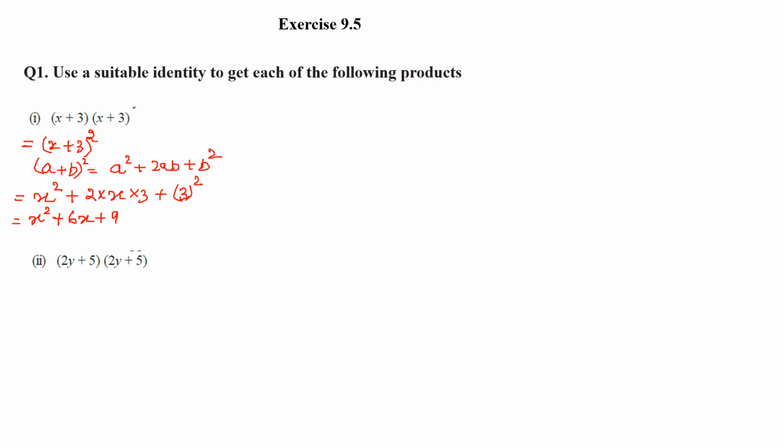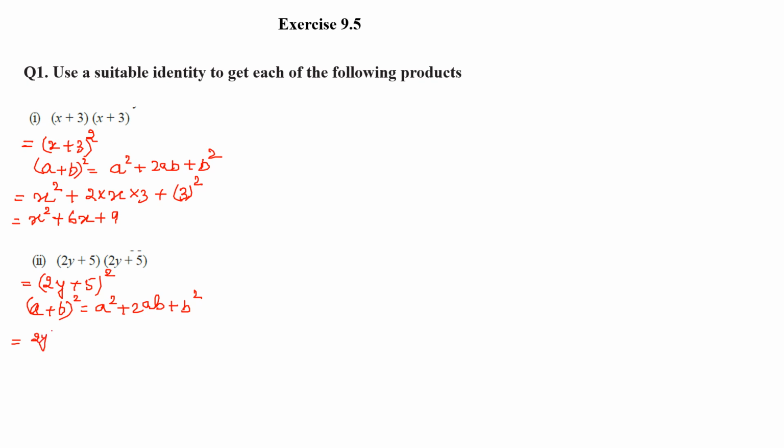The second one, 2y plus 5 into 2y plus 5. So again it will be 2y plus 5 whole square. Again it is in the form of identity a plus b whole square, which is equal to a square plus 2ab plus b square. Now here your a is 2y and b is 5.